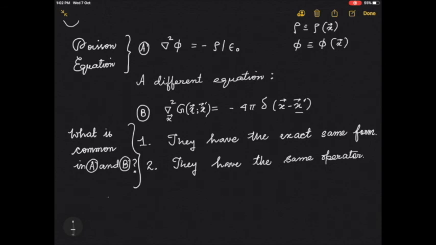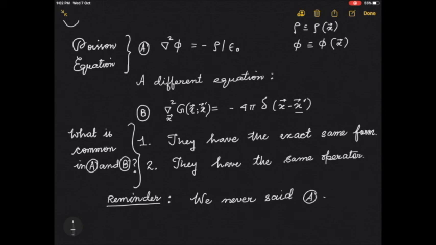Just to remind you one thing here, I never stressed the following. So let me put the reminder here. We never said A and B have the same boundary conditions.